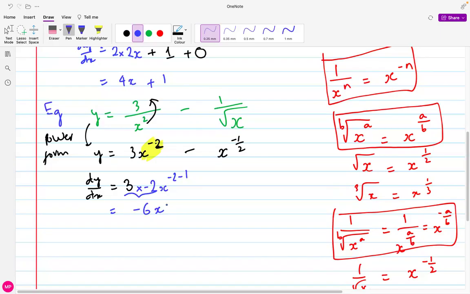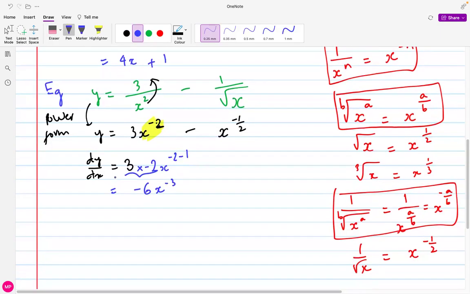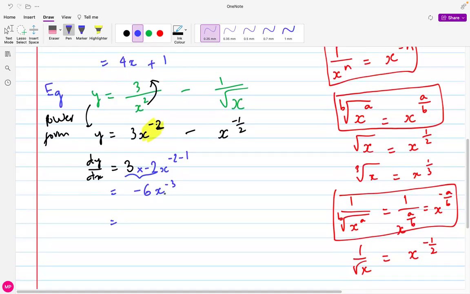X, negative 2, take 1 is negative 3. You can make it a bit nicer. If you want to turn it to positive power, you can make negative 6 on the top, and then x to the negative 3, you turn to the bottom, becomes x cubed, like that. Okay, so this one is done.